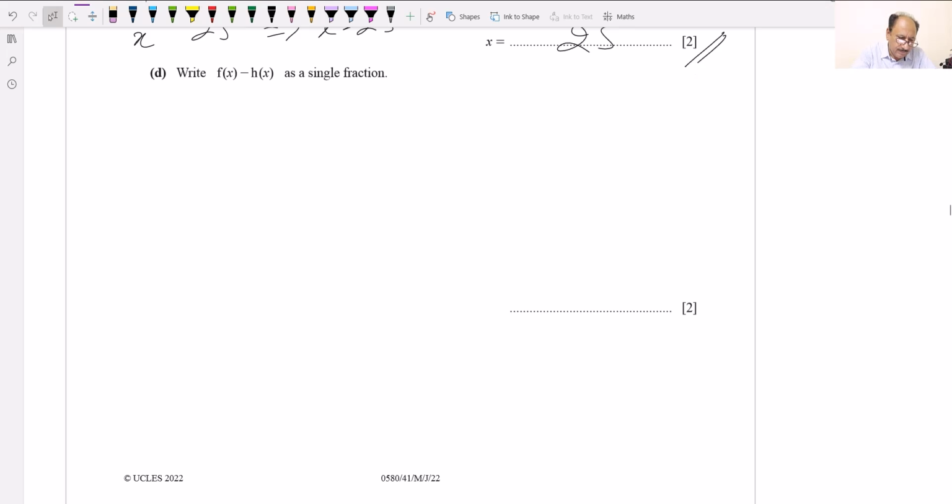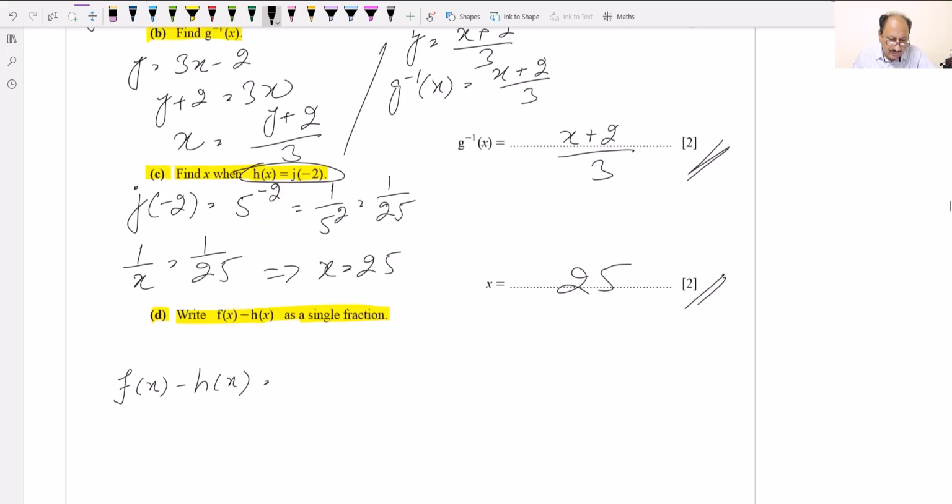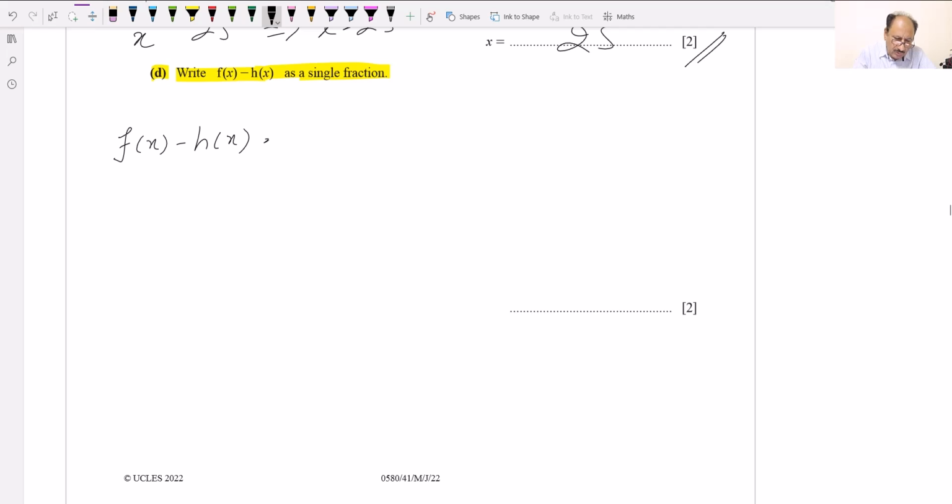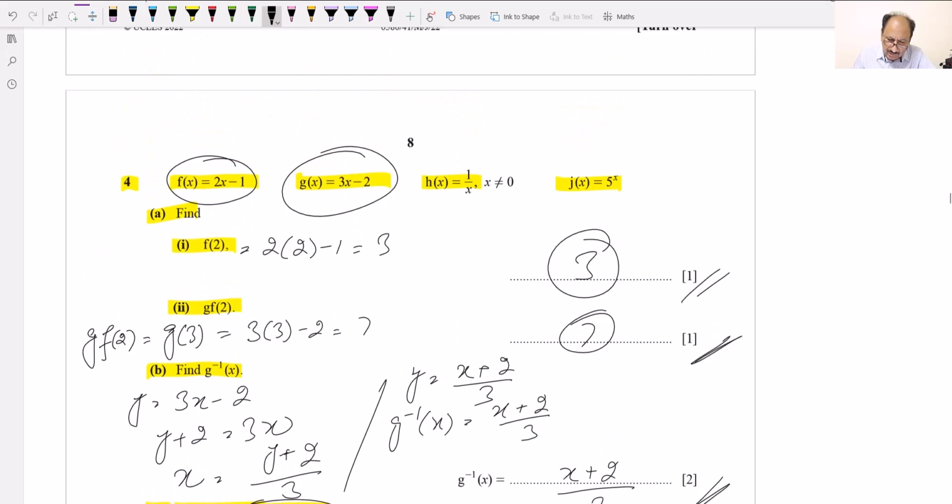Hopefully you got this. Now D part, write f of x minus h of x as a single fraction. So f of x minus h of x will be what? We will replace the values. F of x is 2x minus 1, so our equation will be 2x minus 1, and minus h of x, which is 1 over x.